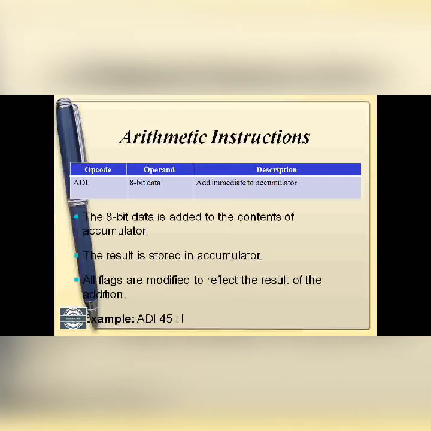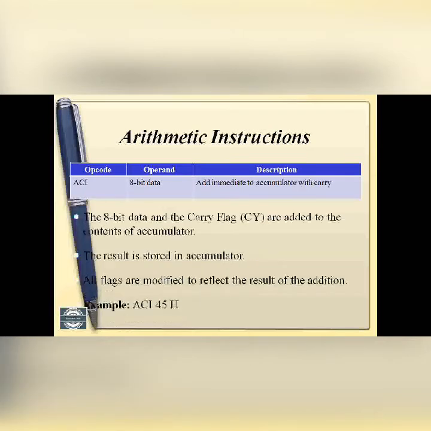Now ACI is also there. ACI will tell you add immediate to the accumulator with carry. If you have to do it immediately and the carry part is also there, then you have to use this ACI. Now this is coming, DAD. This is telling add register pair to HL pair.